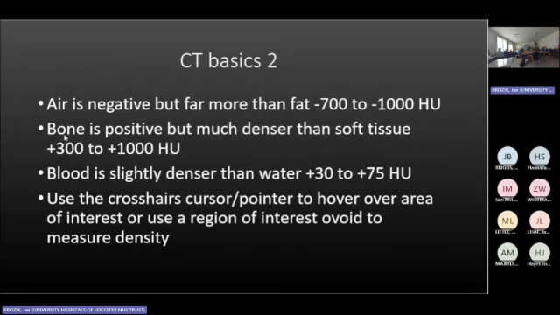Bone is on the other side of the spectrum. It's positive, but much denser than soft tissue, typically 300 to 1000 Hounsfield units. Blood is slightly denser than water, somewhere between 30 to 75 Hounsfield units.